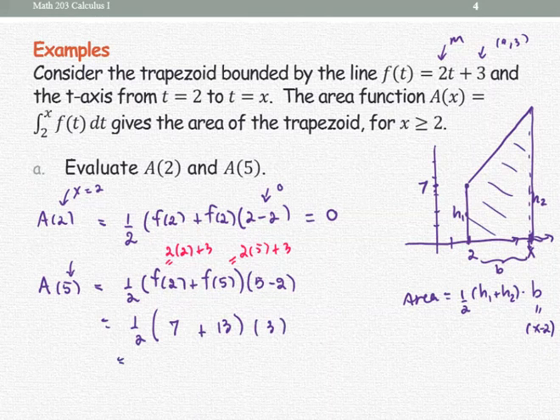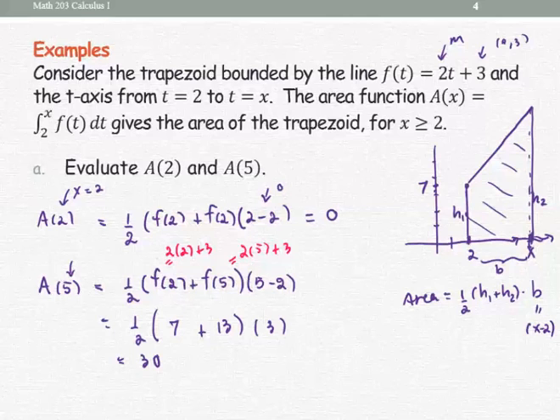Then the number is simplified to be 20 divided by 2, or 10, times 3, or 30. So the area of the trapezoid where the left end is 2 and the right end is 5 equals 30.